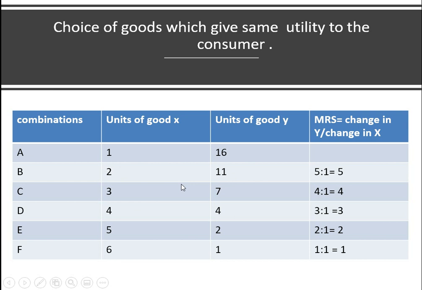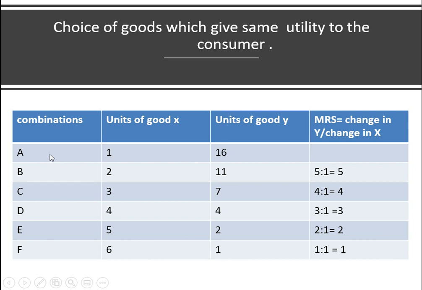We have multiple combinations, but keep one thing in mind: if we select any of these combinations, every combination gives us the same level of satisfaction. There is no discrimination between these combinations of different pairs of two goods.